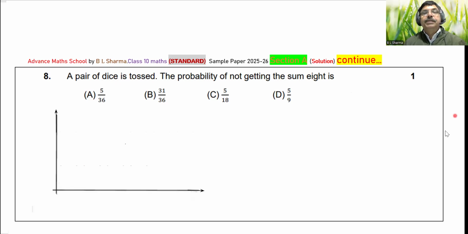पहले हम इसका एक सैंपल स्पेस बनाते हैं. 1 2 3 4 5 6 and write this side 1 2 3 4 5 6.